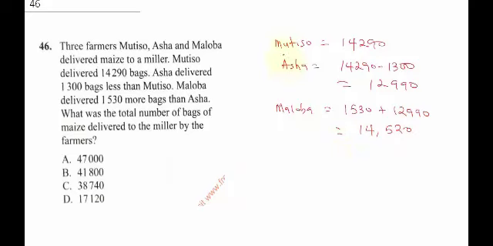The total will be Mutiso plus Asha plus Maloba, which is 14290 plus 12990 plus 14520. When you sum these three, you are going to get 41800. The correct answer here is going to be B, so I'll circle my B.